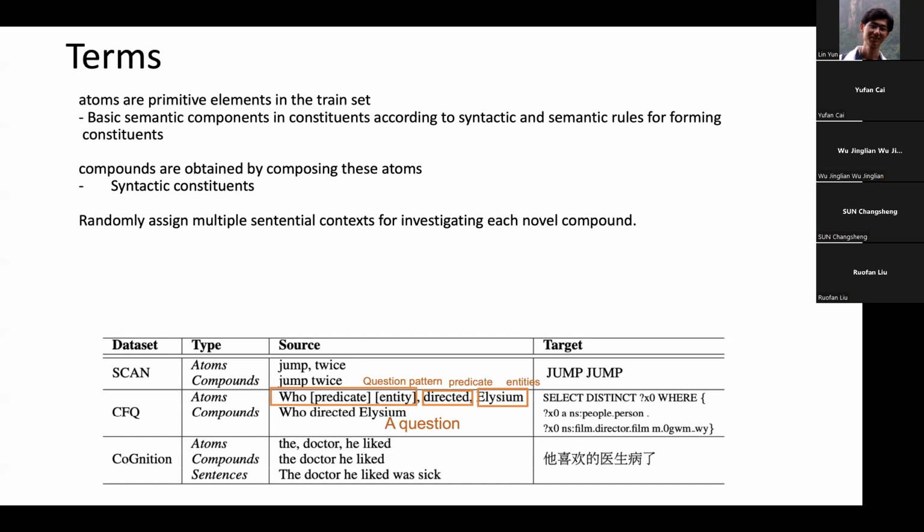Yuchen, what do you think? Yuchen, are you there? Hi, yes. I'm just raising a question about the concepts, the logic relations between atoms and compounds and the templates and instance. I think they're different relations, but just in the paper.